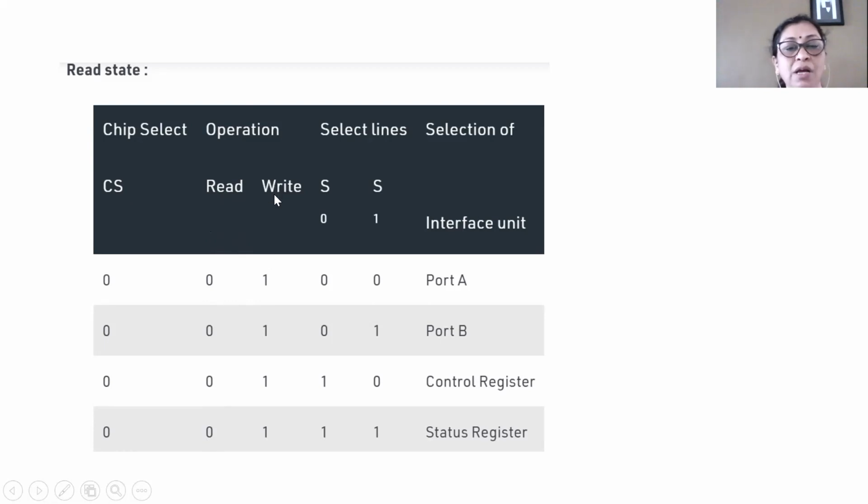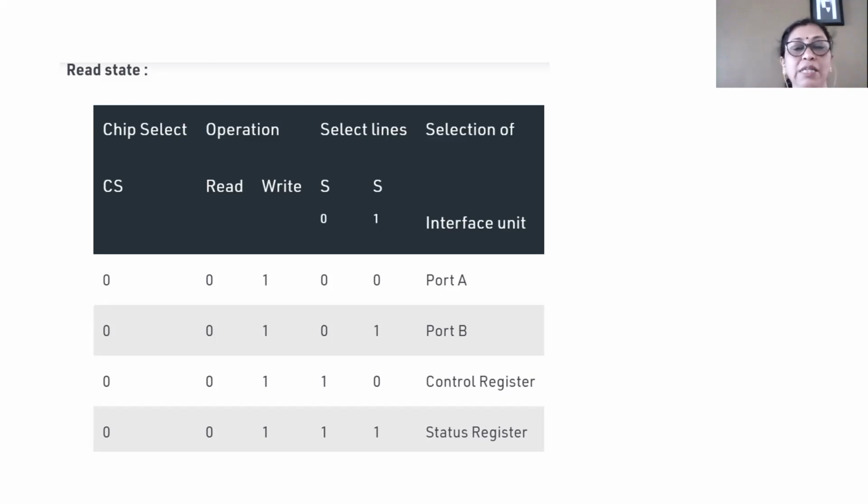When read is 0, write must be 1, because read and write operations cannot be performed simultaneously. So write must be at logic 1 and read at logic 0.